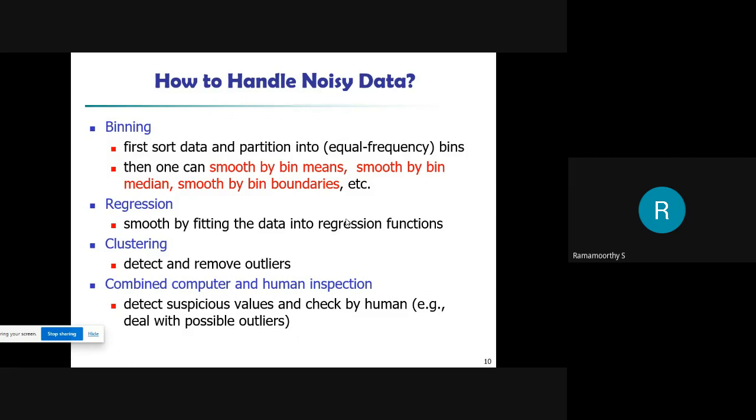Clustering is a grouping of similar objects together, right? So within some boundary, if you manage to detect and remove the outliers, the data which fall out of that range, right?